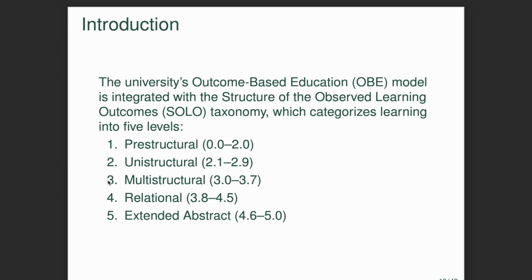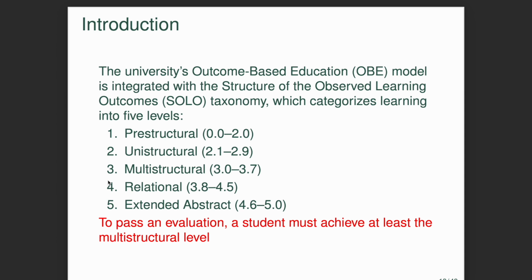In this level, the student shows deep understanding and applies knowledge in new contexts. To pass an evaluation, a student must reach at least the multistructural level, which corresponds to a grade higher than 3.0 on a 5-point scale.